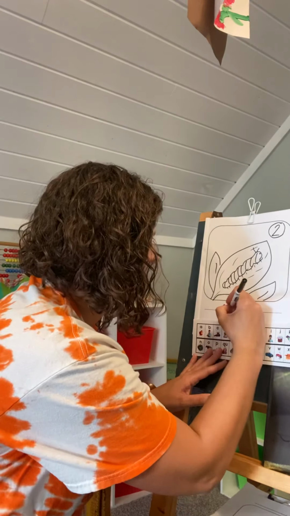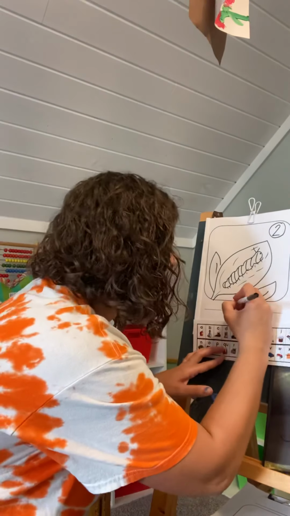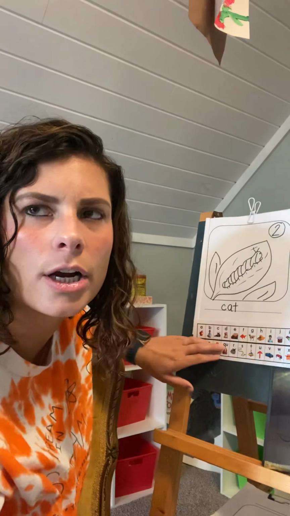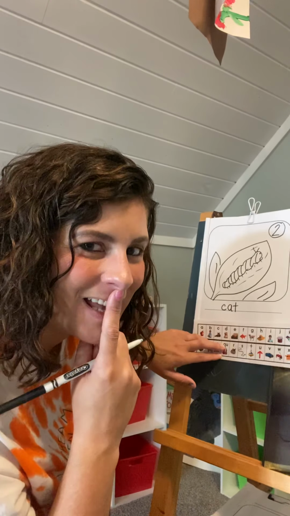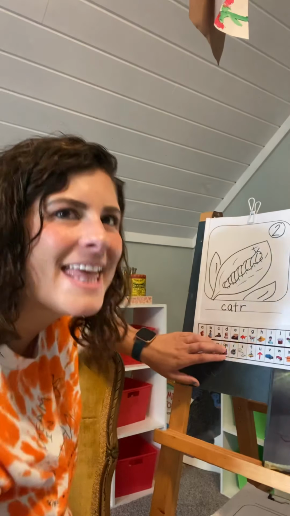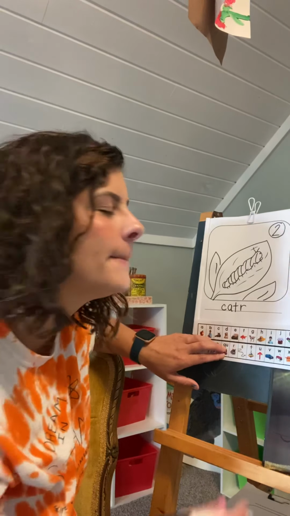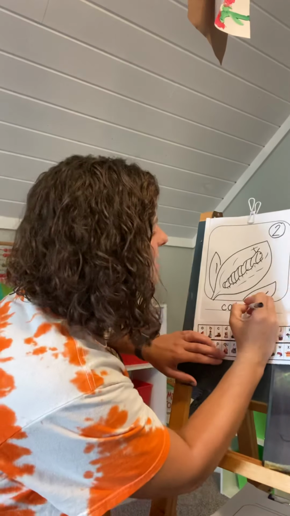Got an A. Cat. A T. You guys are right. So I have cat-er. Cat-er. What's that? Oh, you're right. Like rat. Cat-er. Now we have pill-er. Pill. Cat-er. What is that sound? It's a P right here.